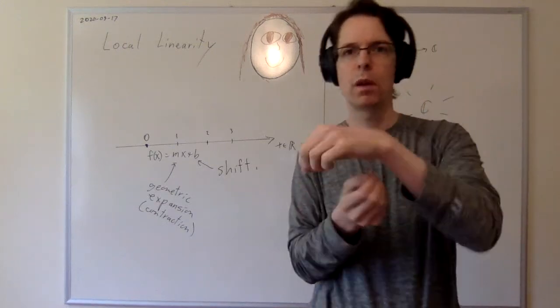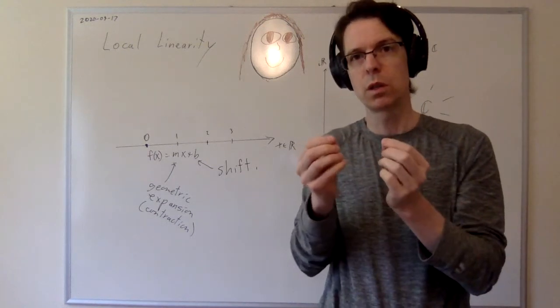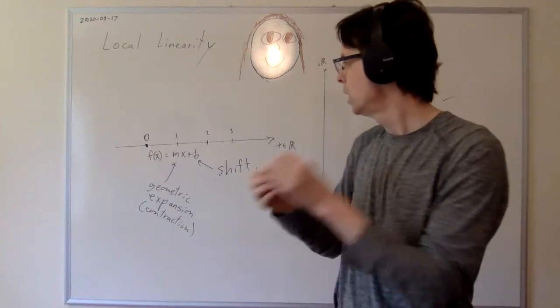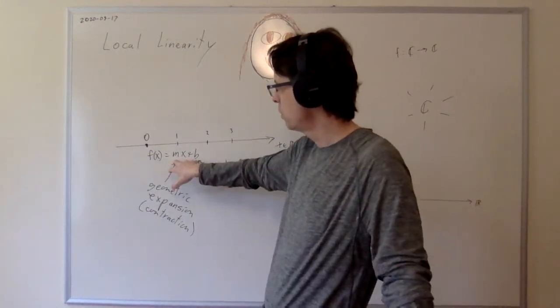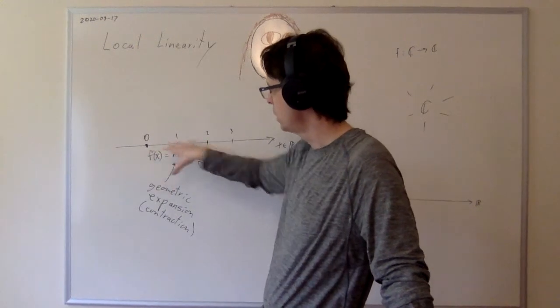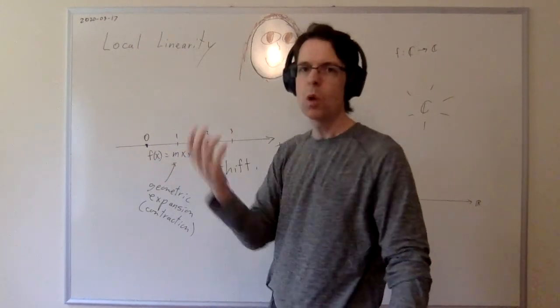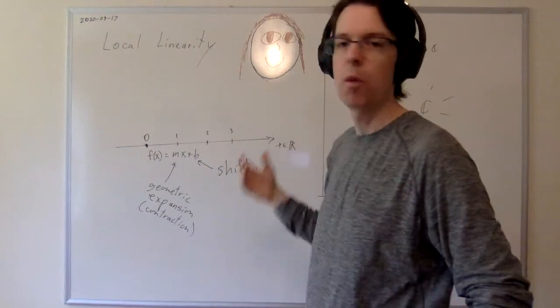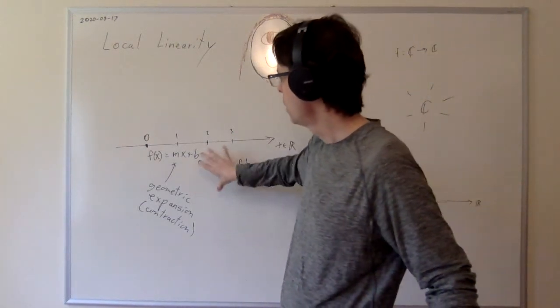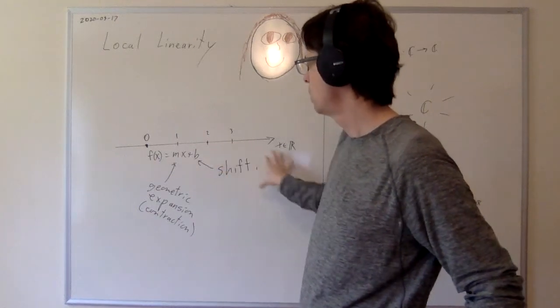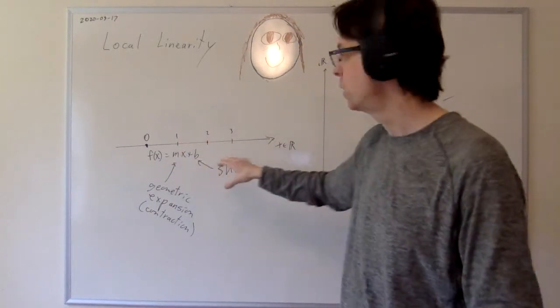Maybe reversed if the m value is negative, but they're getting stretched a little bit and they're getting moved a little bit along the x-axis. So basically, this explanation for the function, that it is a stretch followed by a shift, is locally approximately true for all the points, even if the function is not linear. So this is a one-dimensional perspective on what local linearity means for real-valued functions.